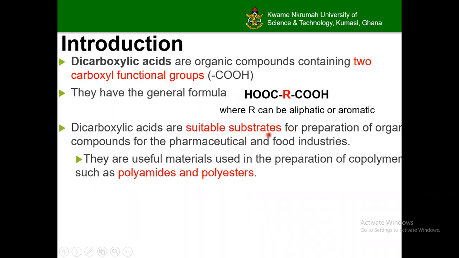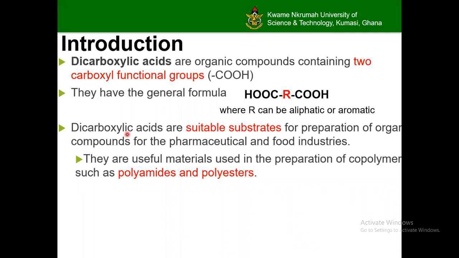Now we are seeing that dicarboxylic acids are suitable substrates. When you are preparing pharmaceuticals, or compounds in the food industry, we need dicarboxylic acids as suitable substrates for preparation.